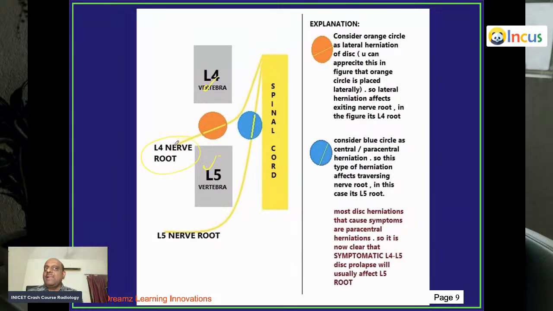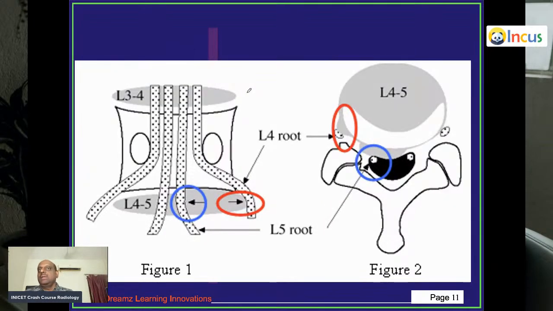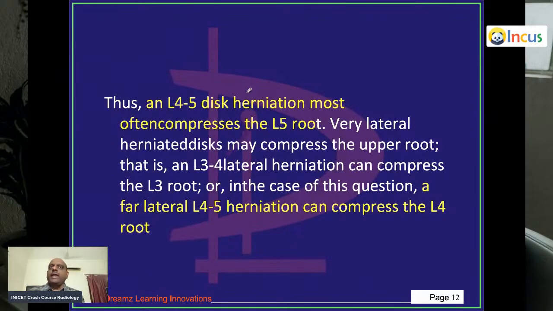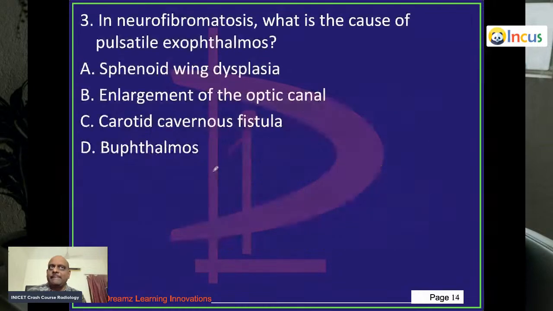Then typically it is the L5 nerve root which is compressed by the disc herniation. So this is how typically the paradiscal herniations occur. Any L4, L5 disc herniation most often compresses the L5 root, is what you need to remember.